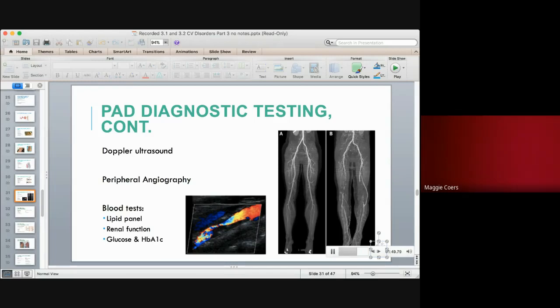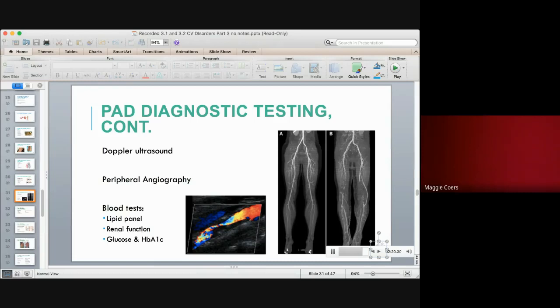In B, you can see in the popliteal, behind the knee, the blood flow in that right leg coming down the femoral artery, but then it gets stopped where the popliteal is, and then it looks all white down at the bottom, where all of those vessels have maybe tried to bypass and you have some collateral circulation.